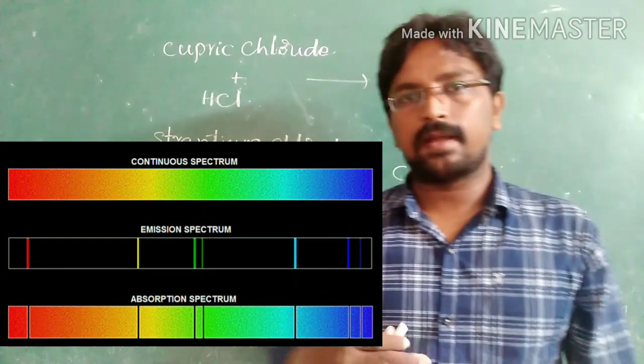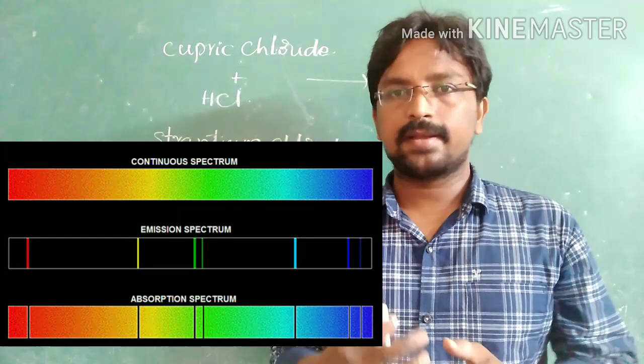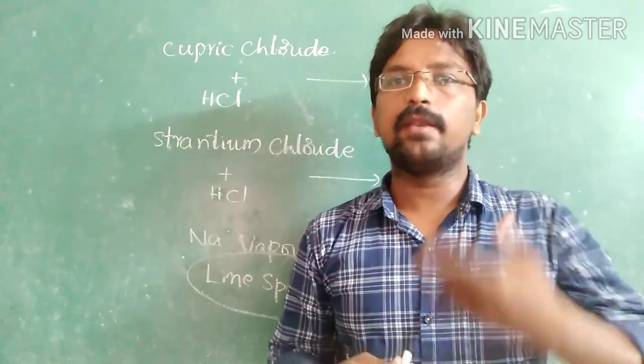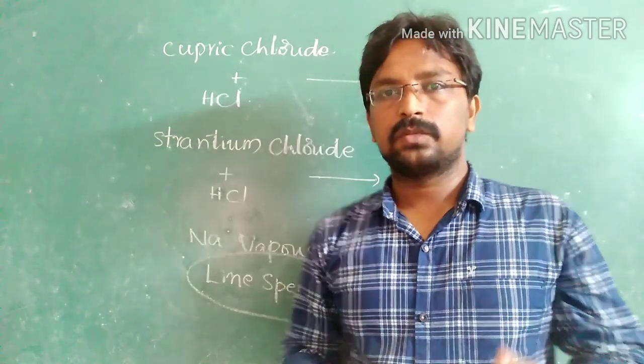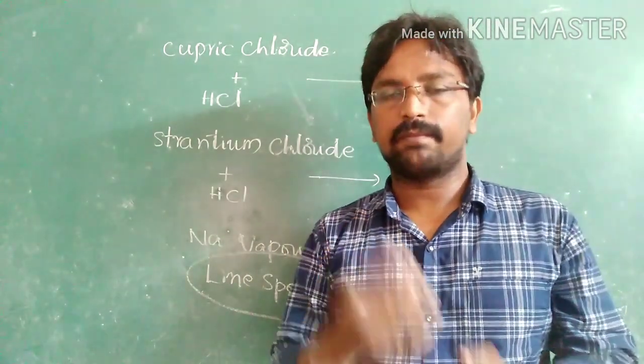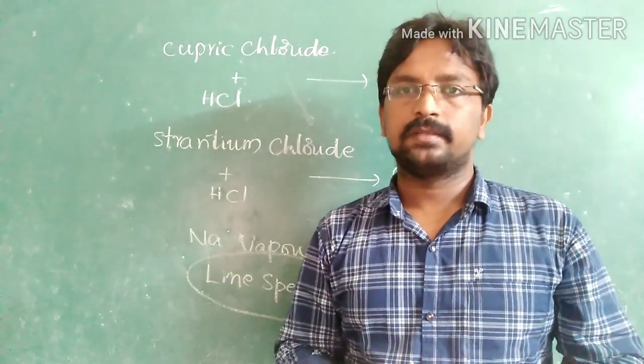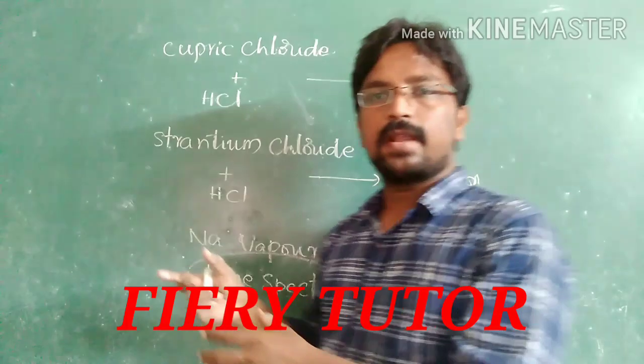The lines in the atomic spectra are useful to recognize or detect unknown elements. Each line represents one wavelength, and the wavelength is related to the specified element. So this is about the line spectrum.